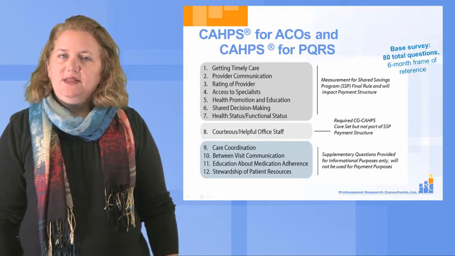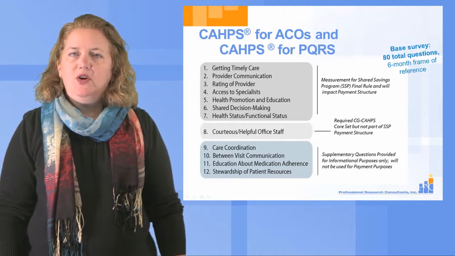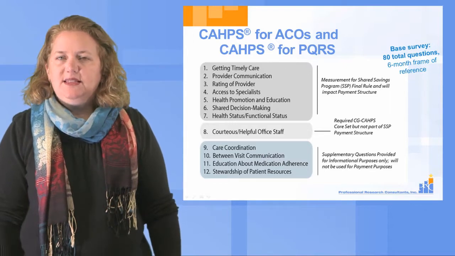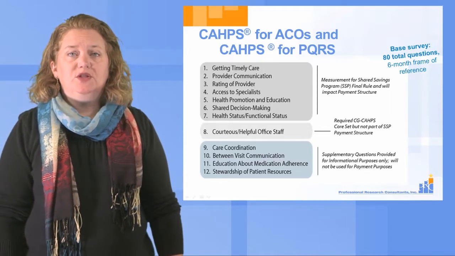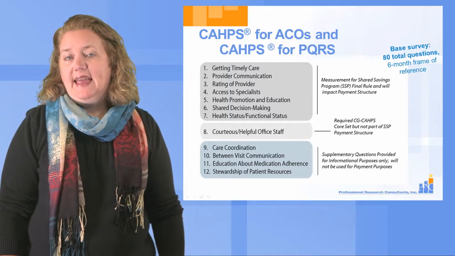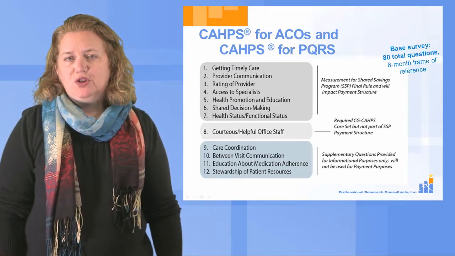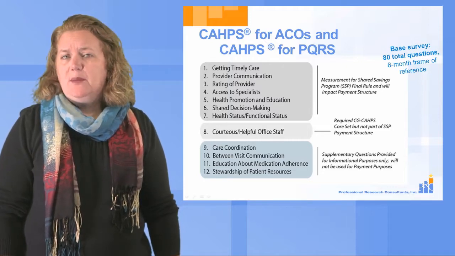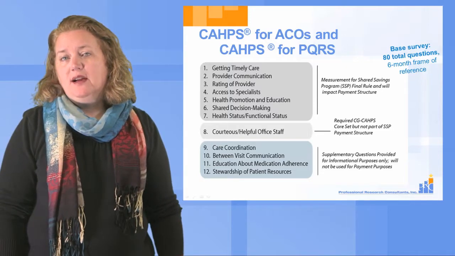Both programs are using the same 80-question survey, although ACOs have the option of using a slightly shorter version. In this graphic explaining the full structure of the survey, you should recognize items 1, 2, 3, and 8 as the CG-CAHPS core survey that we talked about previously. Some of these additional topics came from the PCMH supplemental item set.